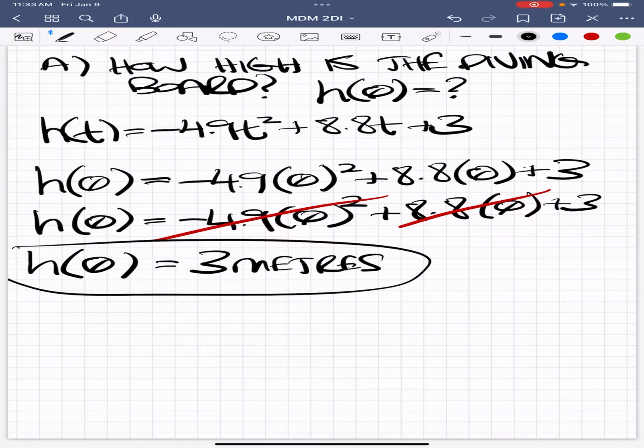And then we have h of 0 seconds equals 3 meters. And then we have our little therefore statement.